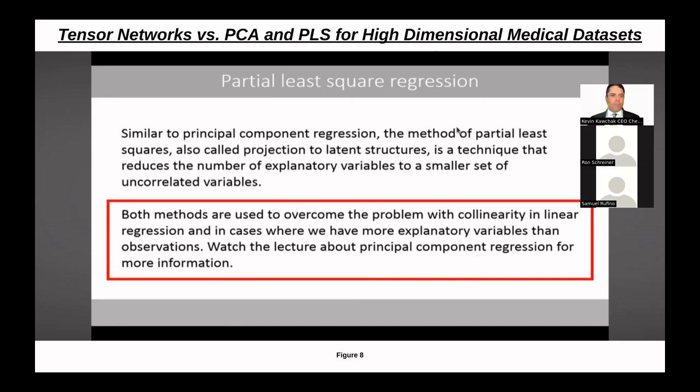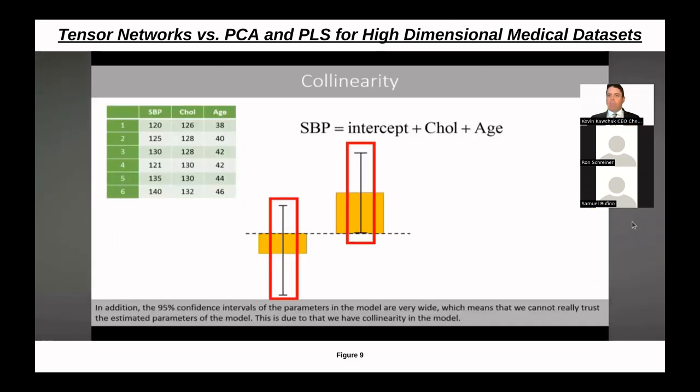And the other thing here, it's also called latent structures, or the projection of latent structures, to reduce the number of explanatory variables. And this is the problem here, collinearity, is that you get these huge error bars associated with PCA, and say if you could use partial least squares, then in that case you should do that.